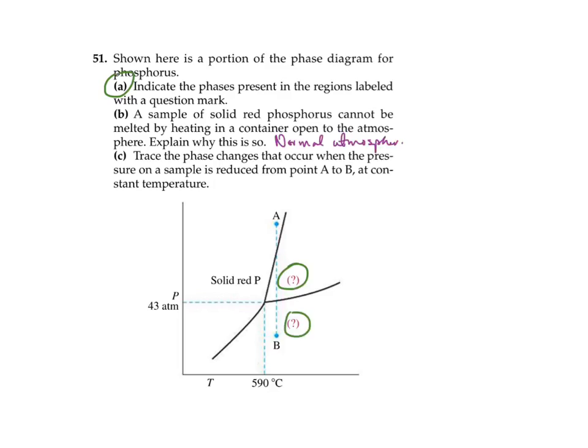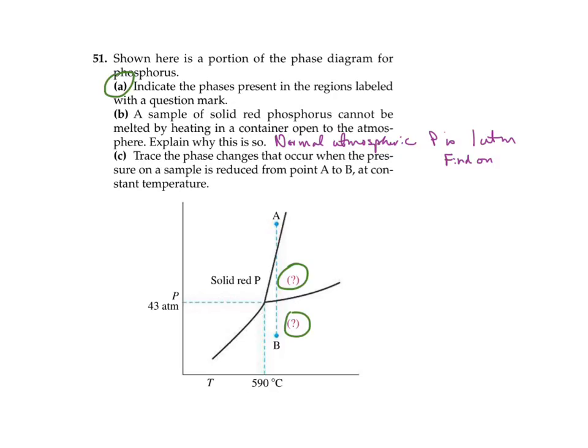The next one looks like this, where A is pretty good, okay? They actually give you the phase diagram of phosphorus, and they ask you what those question marks are, like, liquid and gas, kind of. B, it says that when they heat it up, it can't be melted if it's done at atmospheric pressure.